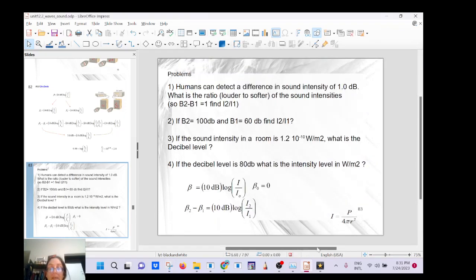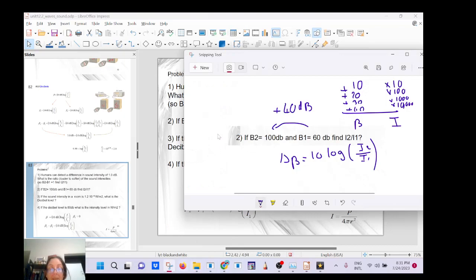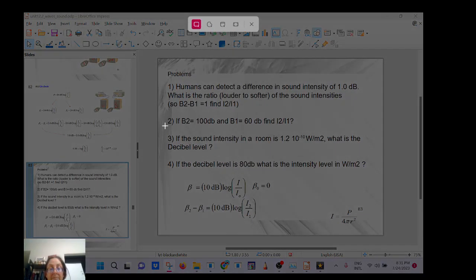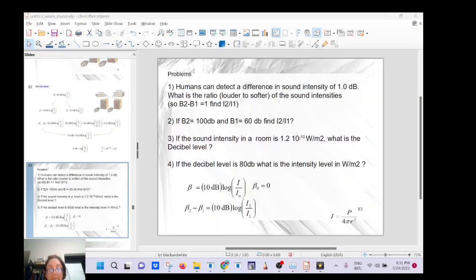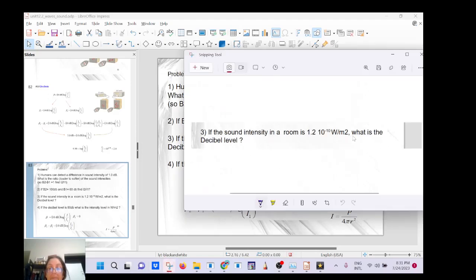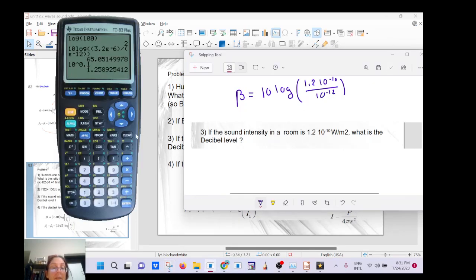Number 3. So that's just using the definition. It's 10 log. Here you're going to put the intensity, which is 1.2 times 10 to the negative 10. And here it's 10 to the negative 12. Right? So you can use your calculator.